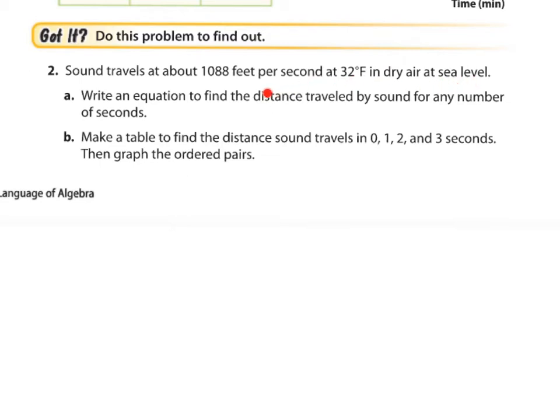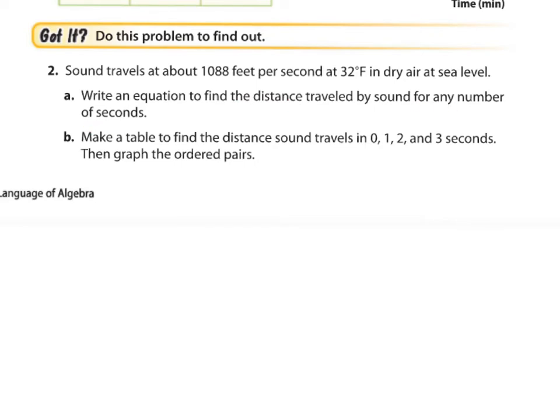So it must travel at different speeds depending on the temperature, the humidity, and the altitude from sea level. Interesting. Write an equation to find the distance traveled by sound for any number of seconds.